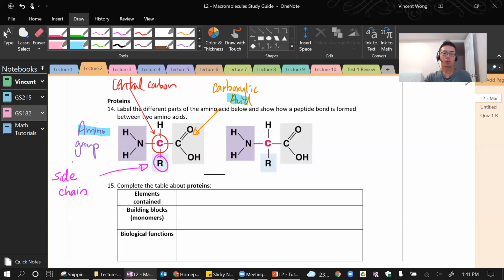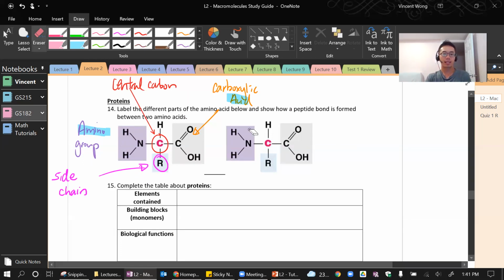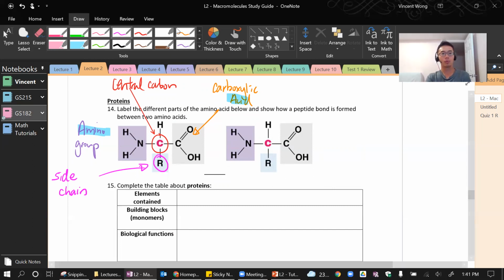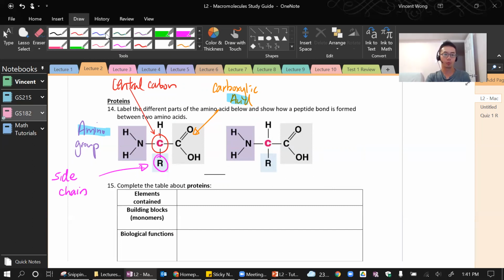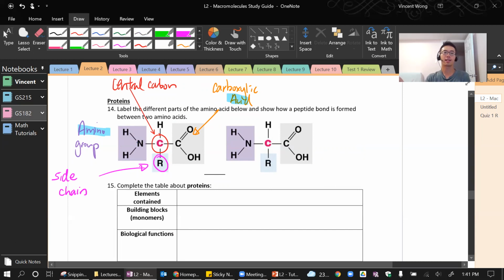So what happens is if you have one amino acid next to another amino acid, then we can join them together with the help of an enzyme. The enzyme will remove the OH from the carboxylic acid of one amino acid, and then it will remove the hydrogen from the amino group of the other amino acid.